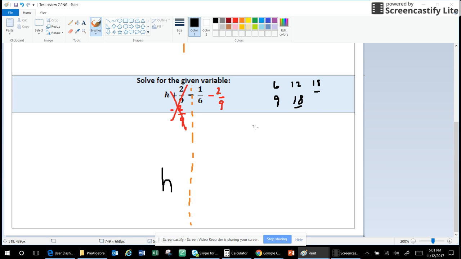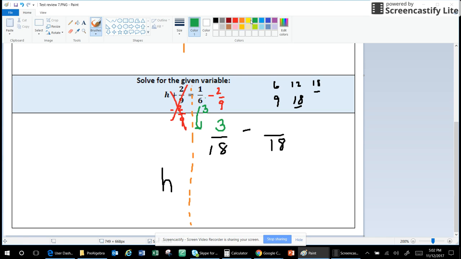So I need to get both of these to be 18s. I look at the first fraction and say, what did I multiply by the 6 to make the 18? I should be thinking that's 6 times 3. So I'm going to multiply 3 to the top as well. 1 times 3 is 3.